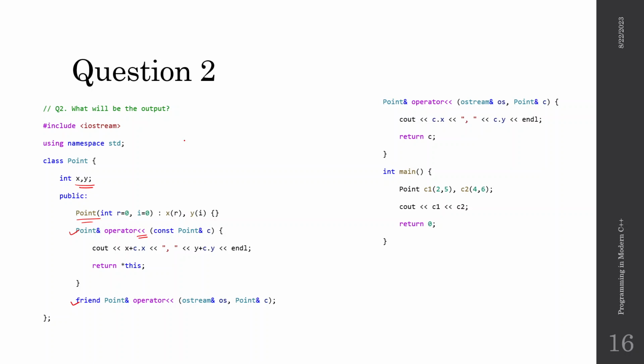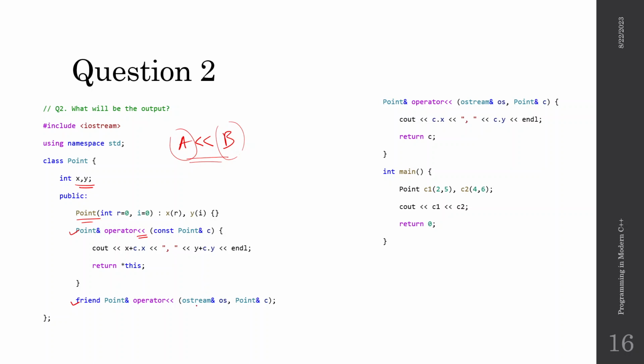What is the difference between the two? Basically your output streaming operator is a binary operator. It takes two operands a and b and then it returns something. So we can provide different implementations for different combinations of a and b. That is what is being done here.